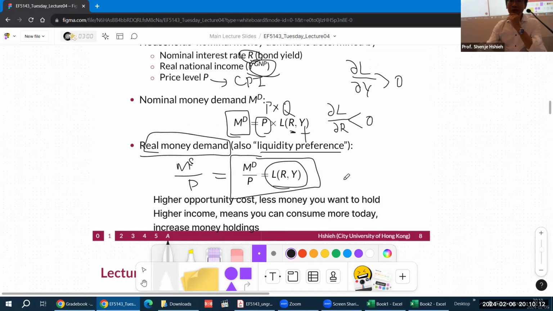Right. Before moving on, comments, questions? So I hope, again, don't worry about what the functional form of L is. I'm not going to give you a functional form, maybe never in this class. What's important is understanding the relationship between L and R and L and Y. Forecasting is very important, and what's important is your ability to understand the direction of where E and R go.